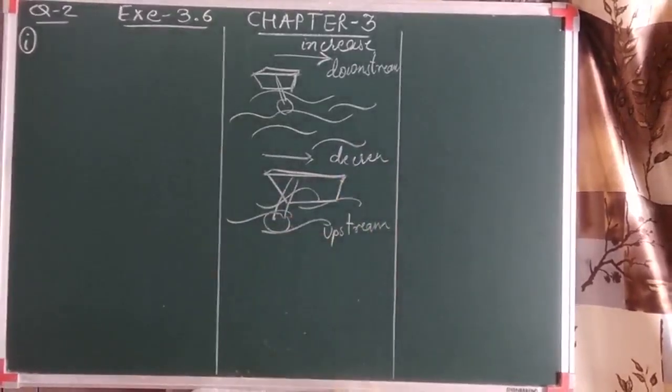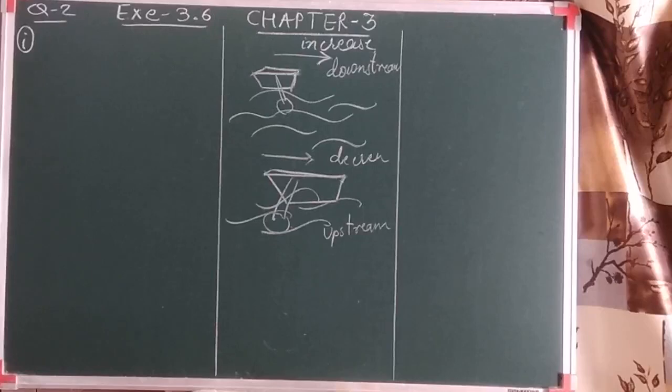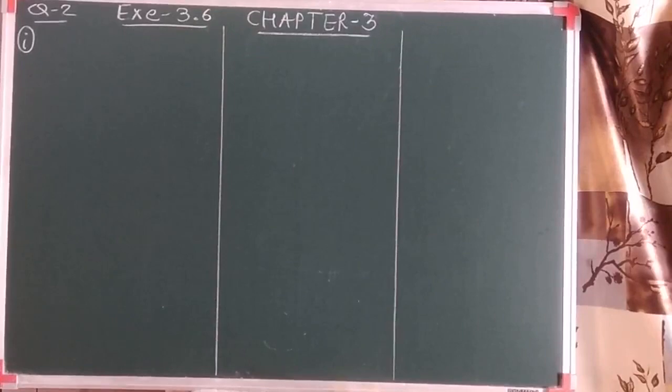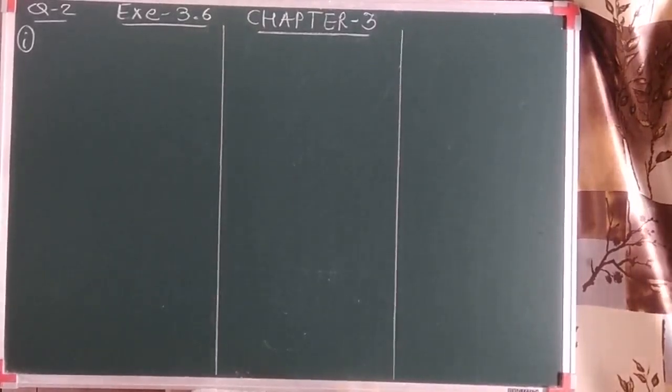Okay. So let's see what we have to find out in this question, and we'll go for the solution. As it is asked in the question, we have to find the speed of rowing in still water and the speed of the current.